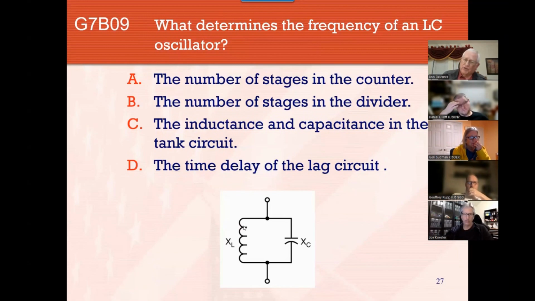Then the coil discharges back into the capacitor. Capacitor discharges back into the coil, and it goes back and forth to create the tank circuit, or the portion that makes the oscillator oscillate. So if you see that like that, you'll kind of know what that is. That's called a tank circuit. Okay, inductance and capacitance in the tank circuit.